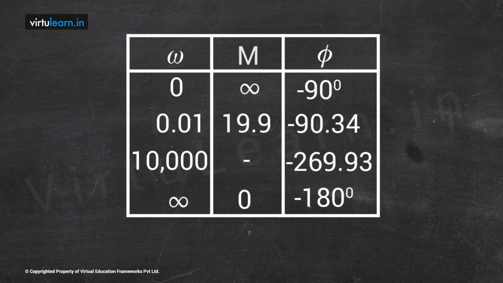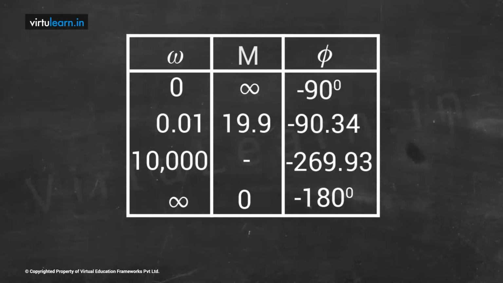And the phase angle when omega is 0 is, it is a type 1 system, minus 90. And there are 3 poles in the system, therefore when omega is infinity, it is going to be minus 270. So the starting angle is minus 90, the ending angle is minus 270, the starting magnitude is infinity, the ending magnitude is 0. So with this information we can easily sketch the polar plot.